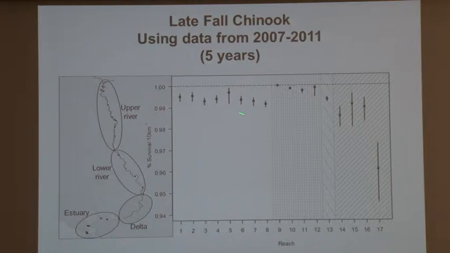So we see fairly consistent patterns over space and time within these broad geomorphic areas with moderately, well, it appears moderately high survival, but keep in mind these are per 10 kilometers. So these are actually significant levels of mortality in the upper river that are going on.